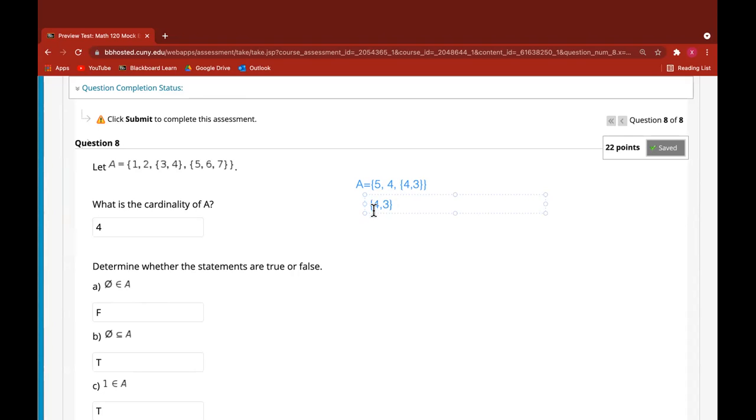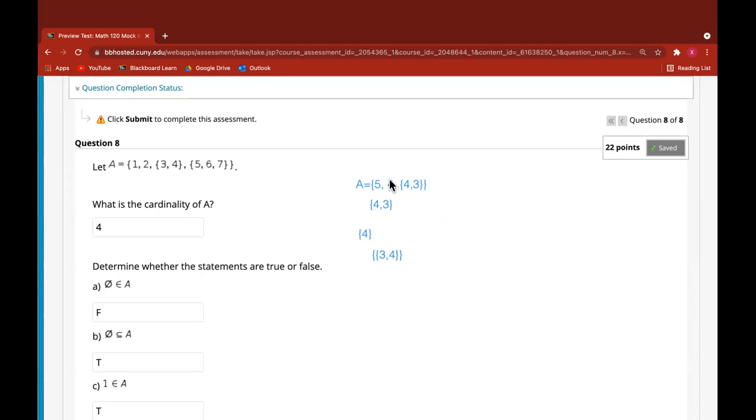Correct. Subset means 4 is an element in your set and 3 is an element in your set. So the set containing just 4 will be a subset of A, since 4 is an element in A, but not {4, 3}, since 3 is not an element in A. But if you have the set containing the set {3, 4}, this will work.